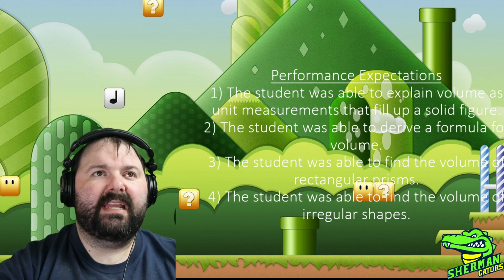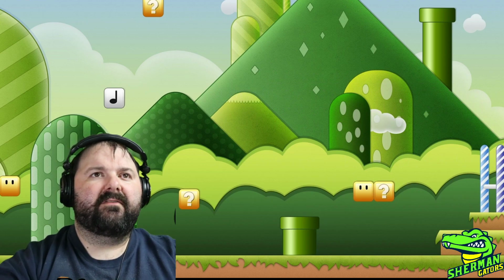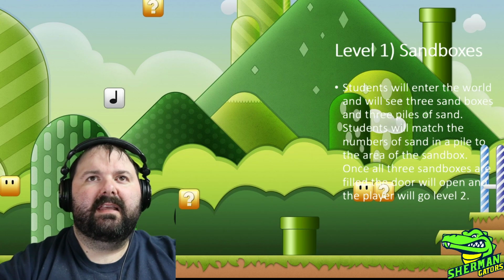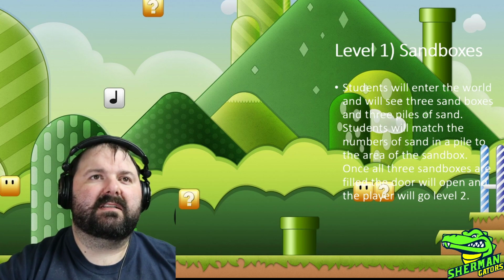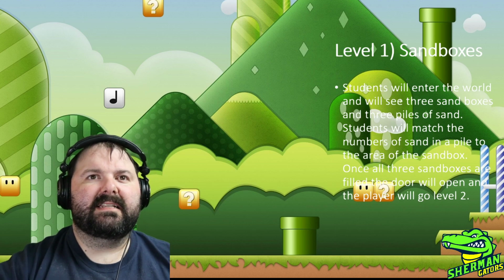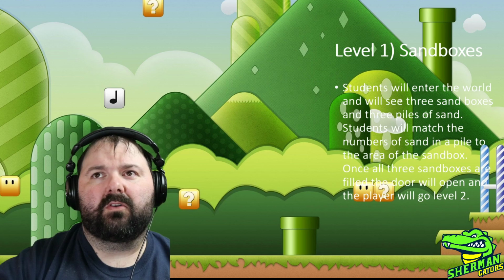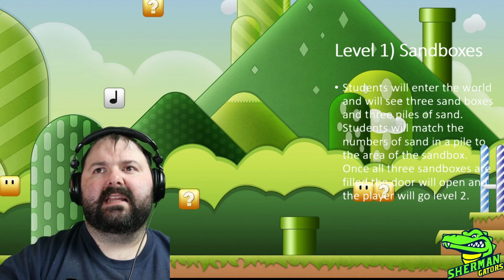Now, you're going to have 3 separate lessons as we go through this. The first one is level 1, sandboxes, my bad. Level 1 of sandboxes. It is saying that students will enter the world and will see 3 sandboxes and 3 piles of sand.